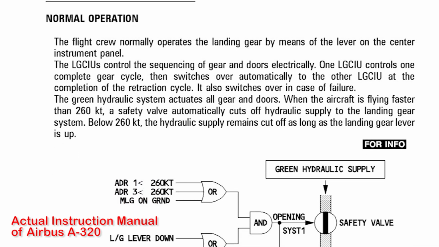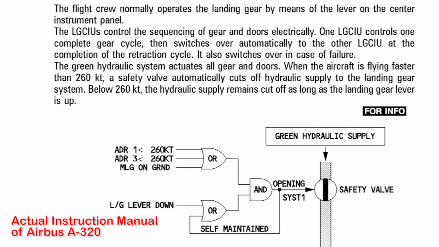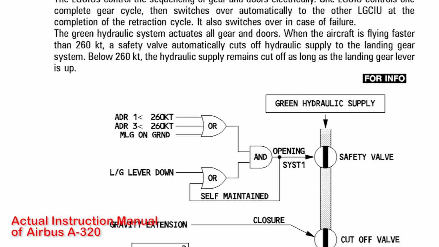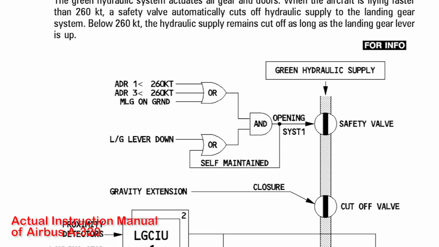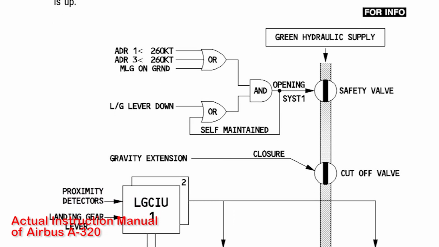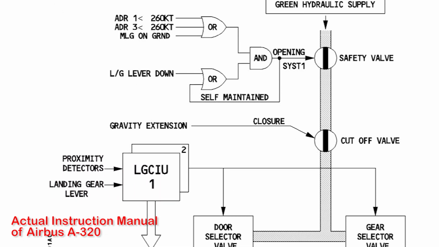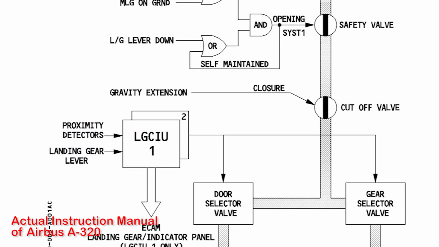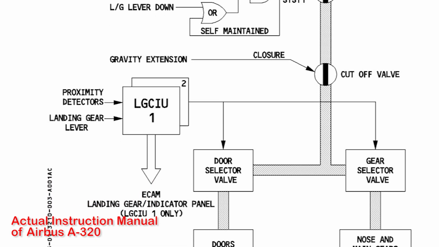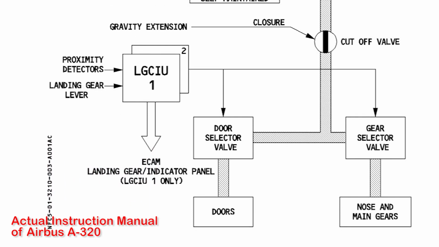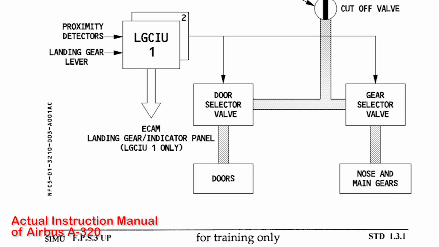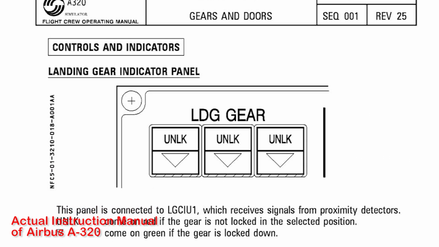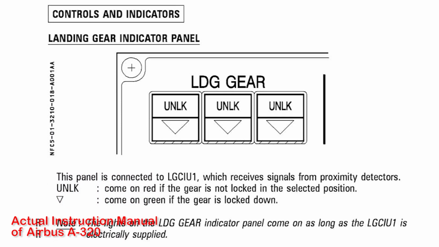When the flight crew operates the landing gear, there are some mechanisms in the Airbus, for example, if it is traveling above 260 knots, or some other conditions, because the landing gear system is connected with the aircraft system.